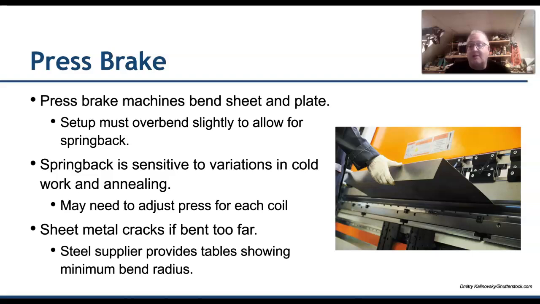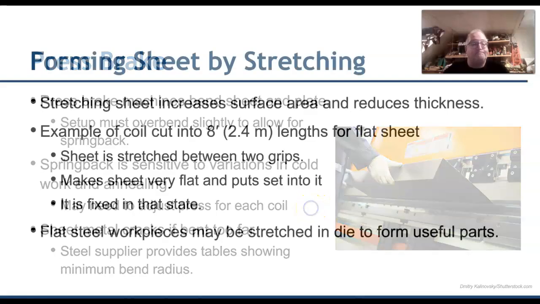And of course, as we bend it, especially if we bend it too far, we might get different types of cracks. There are minimum and maximum radiuses that we can bend to, so we have to pay attention to all of this. And of course, those bend radiuses largely depend on the gauge of the material or the thickness of the sheet that we are trying to bend.